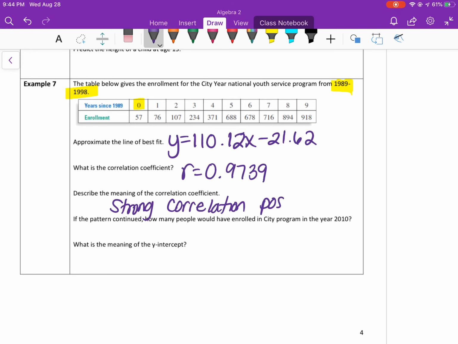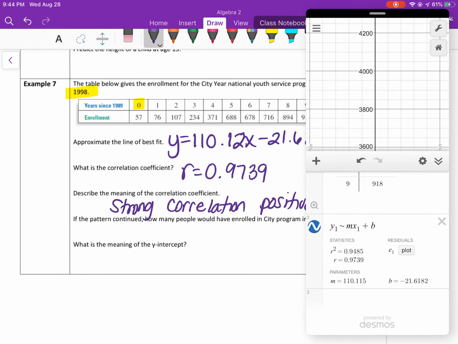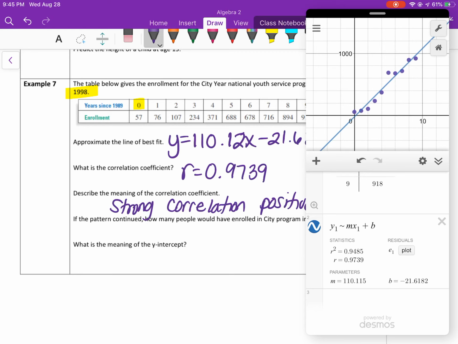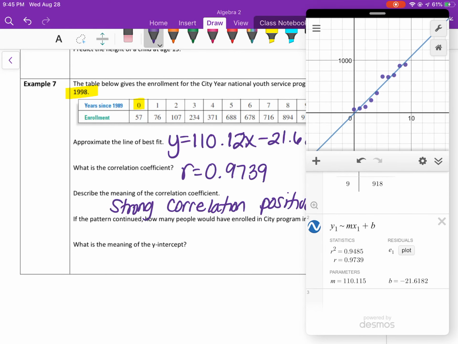Oh, and it's positive. I just realized that we never looked at the picture of the data, so we can go here and zoom it back in. So you can see that the line is very fitting to that set of data. So there's a strong positive correlation between the number of years and the enrollment.